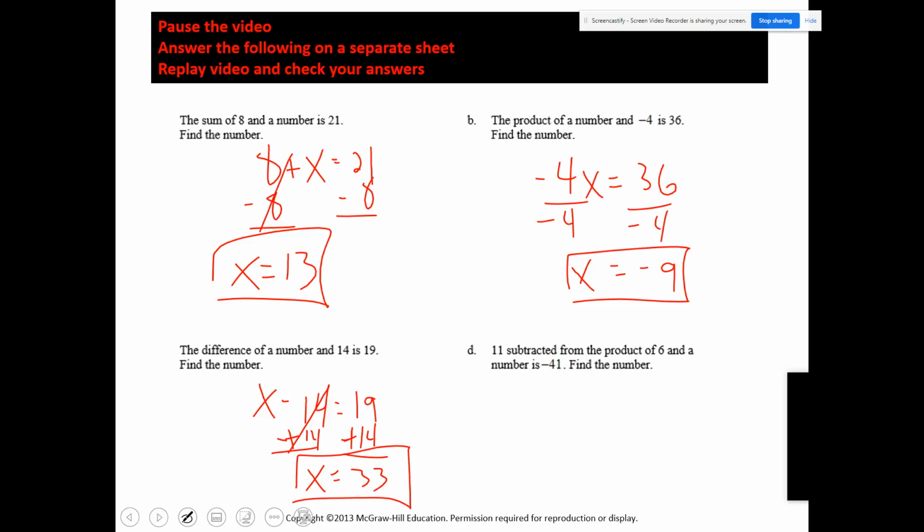X equals 33. And 11 subtracted from the product of 6 and a number. So it's saying 11 is subtracted from. So 6x minus 11 is negative 41.